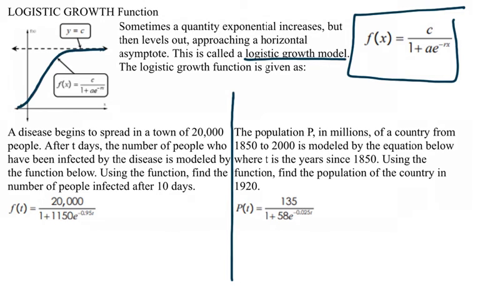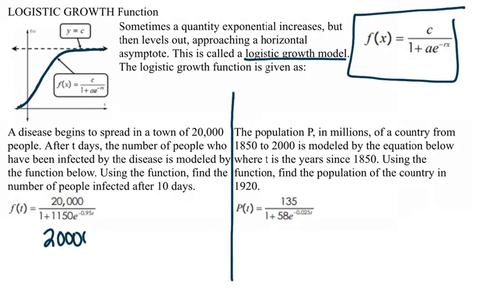So a disease begins to spread in a town of 20,000 people. After t days, the number of people who have been infected by this disease is modeled by the function below. So it's really nice that they just give you the function. Using the function, find the number of people infected after 10 days. So all you have to do is replace t with 10.